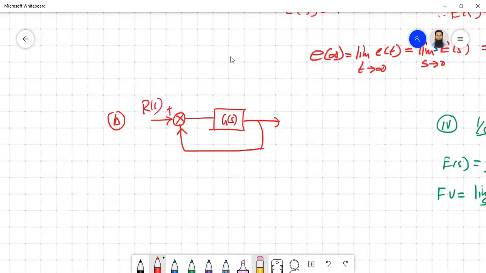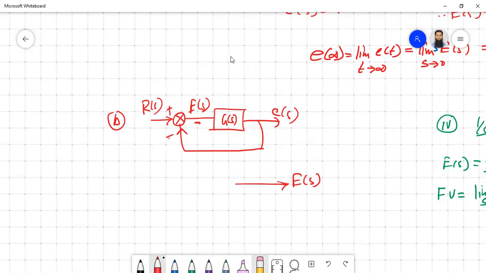So this is R(s), plus minus. This is actually our E(s), and this is your C(s). If you want, you can rearrange it, because this is what should be our output this time, isn't it? So this is our output, E(s).